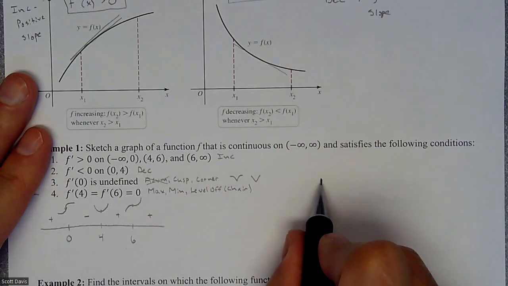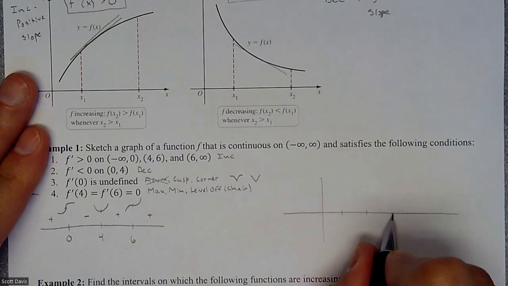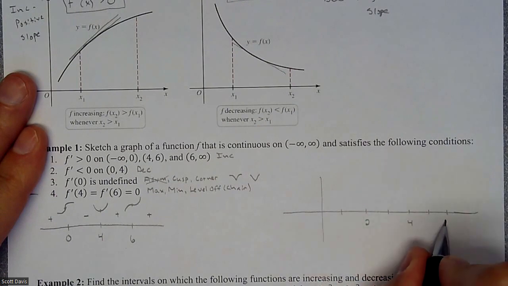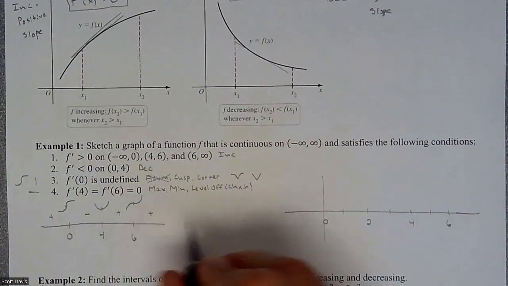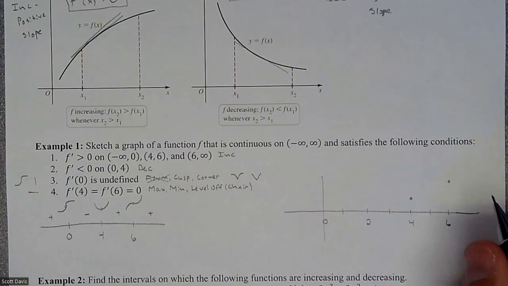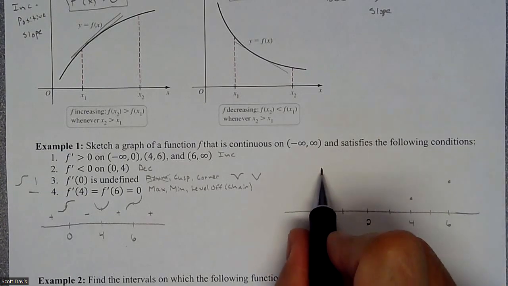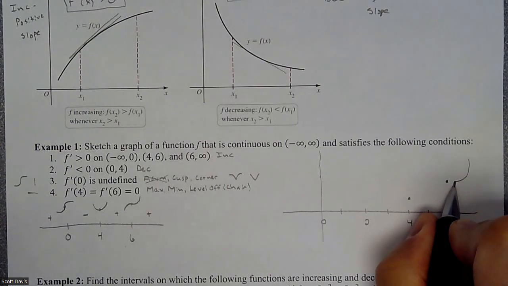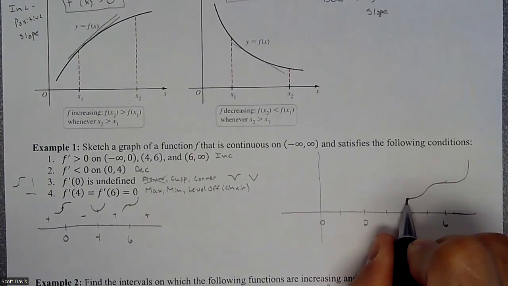So if I put all those pieces together, let's see what we can build. We have 2, 4, 6, and 0. We have a minimum at 4. We have this chair look at 6. And then at 0, we don't know. I don't have a ton of space, so I'm going to do my best. So we have a chair look that hits a minimum.